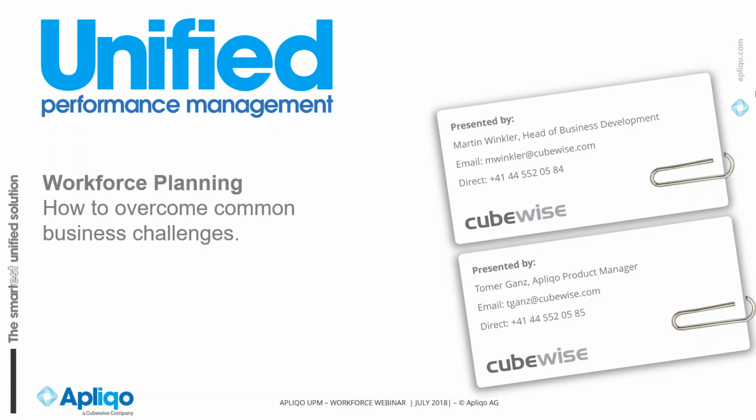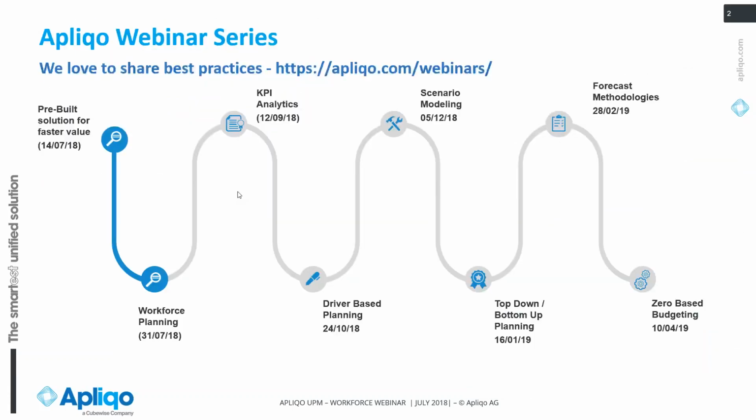Regarding today's topic and the agenda which we have prepared, I want to first quickly show you the roadmap of the webinar series. We love to share best practices, and we have a product developed called the Apliqo UPM suite, which I will explain later in more detail. In this UPM suite, a lot of best practices around integrated planning and reporting are covered.